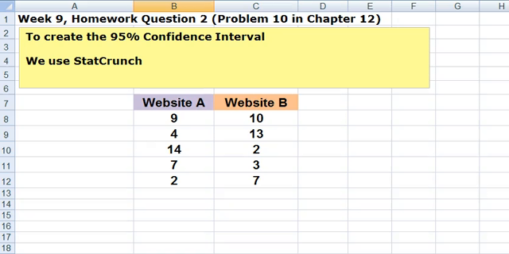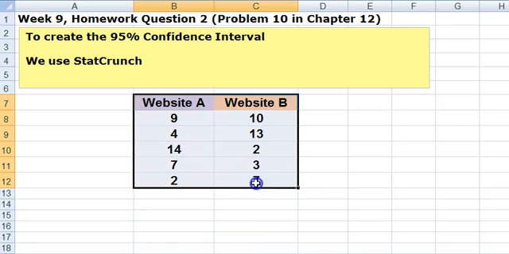So here are our columns of raw data, and what we're going to do to create the 95% confidence interval is to use StatCrunch. So I am going to copy these and paste them into StatCrunch.